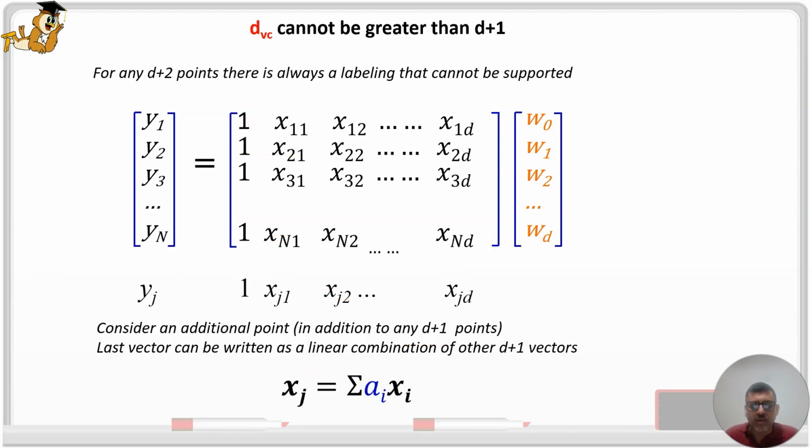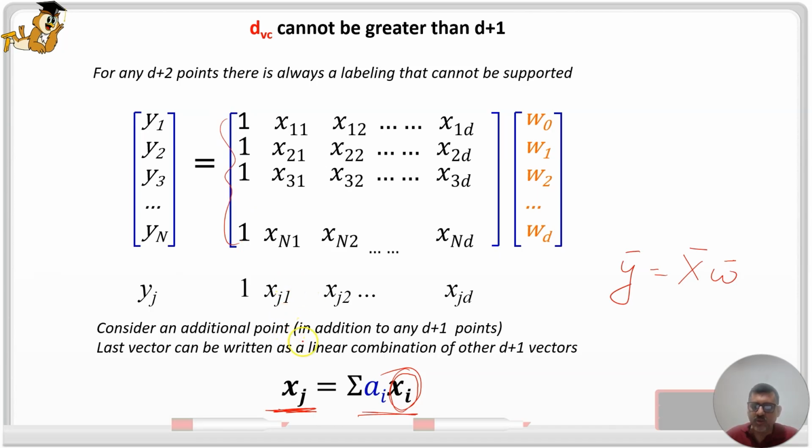Now remember, over here our vector y is equal to matrix X times vector w, and here my row xj I am writing as a linear combination of the earlier d plus 1 vectors.